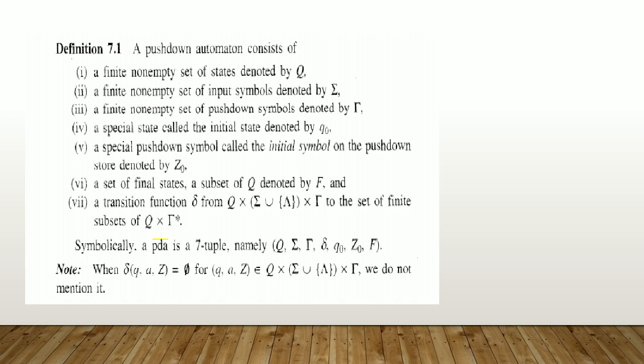So in general, symbolically, a PDA is a 7-tuple, namely Q, sigma, the special pushdown symbol, delta, Q0, Z0 and F. So this is all about the introduction of pushdown automata.